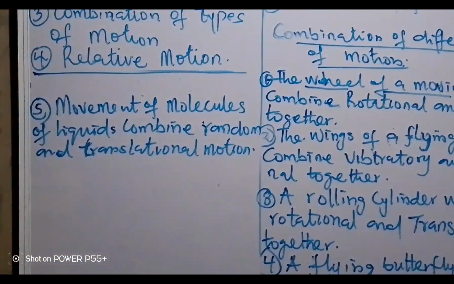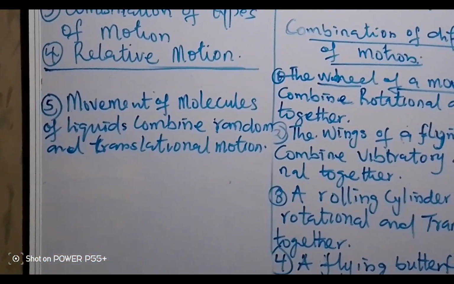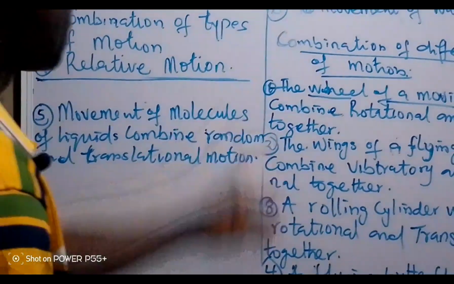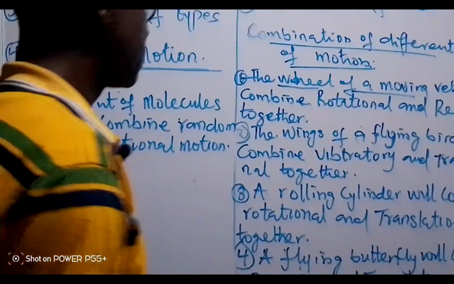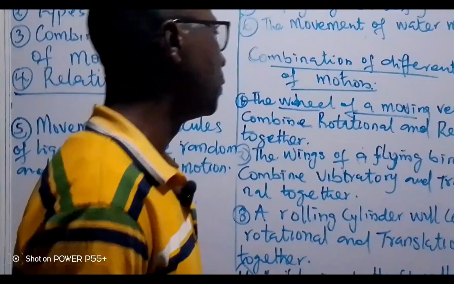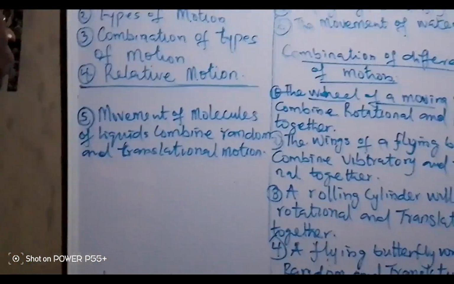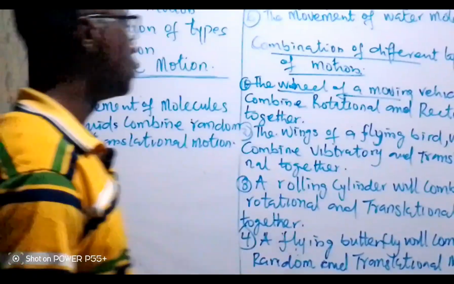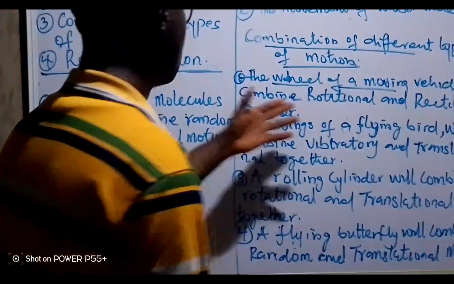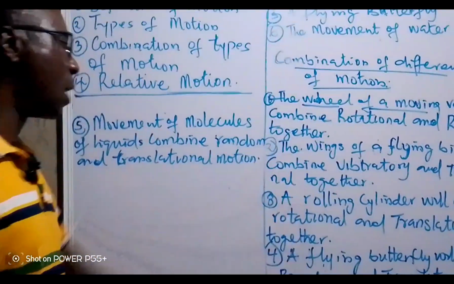And so on. From what we have seen now, we can say that it is possible for a single material or an object to combine one or two types of motion together, as we have seen on the board.